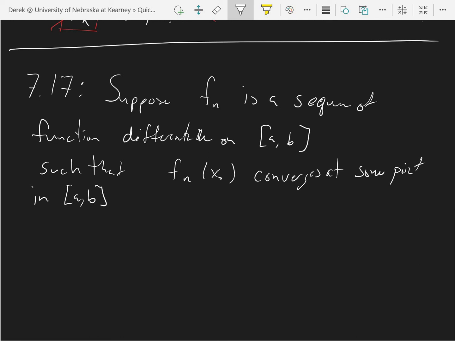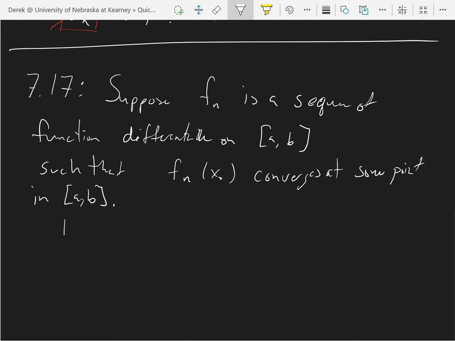So we're not saying that the f sub n's converge everywhere. We're just saying we have a bunch of differentiable functions, and at one of the points they do converge. So I've got pointwise convergence somewhere for the f sub n's.